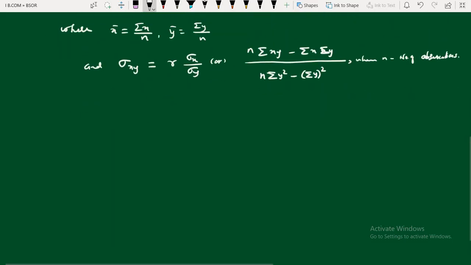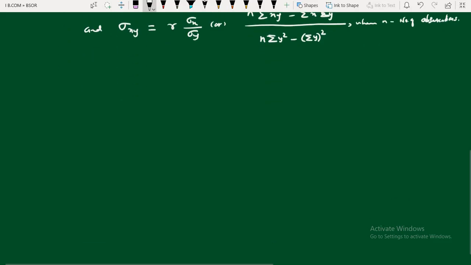And some important properties are there. I will tell those also, because in problems we may use them. Properties of regression coefficients.